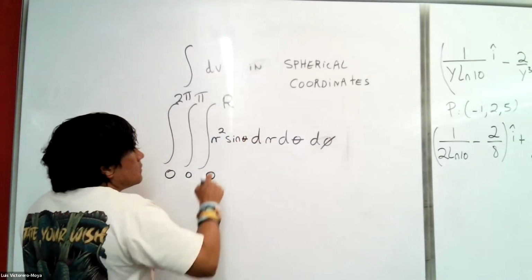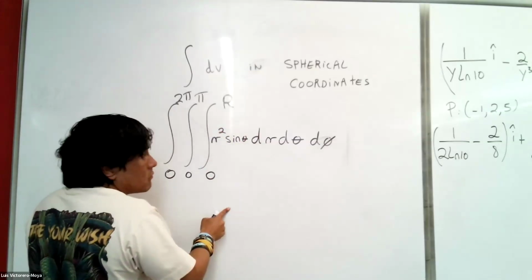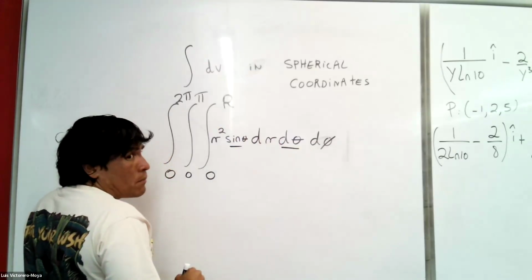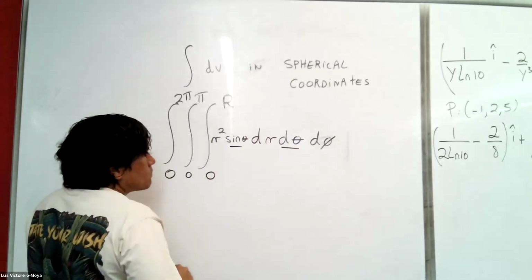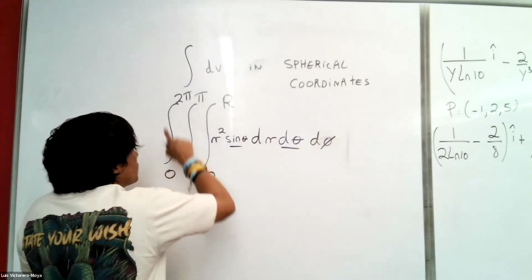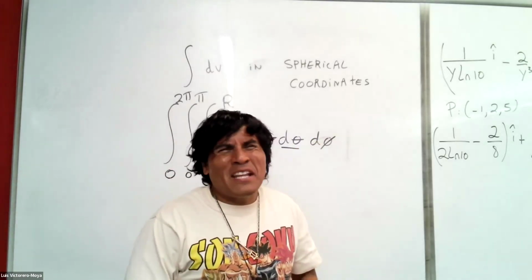So r squared dr, that's your R cubed over 3. Sine theta, you have to integrate it. The integration of sine is minus cosine, don't forget. You evaluate from 0 to pi, that will give you 2, think about it. And d phi from 0 to 2 pi, that's 2 pi. And you will get 4 over 3 pi R cubed. It's very easy.